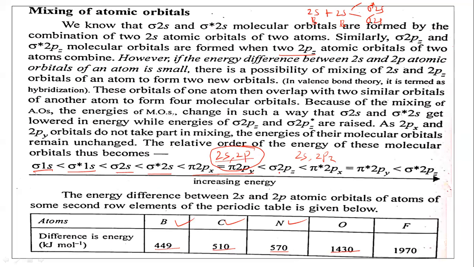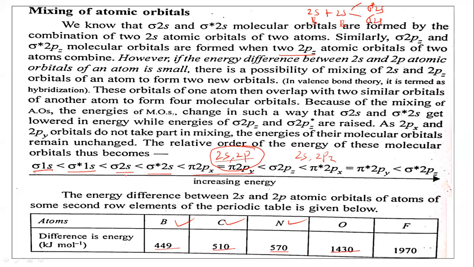In the case of oxygen molecules, sigma 2pz comes first, then pi 2px and pi 2py. But in the case of boron, carbon and nitrogen molecules, due to the mixing of the atomic orbitals, some molecular orbitals get lower in energy level and some molecular orbitals have a higher energy level.